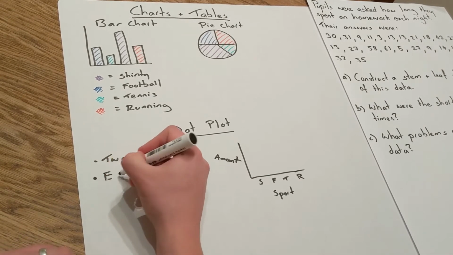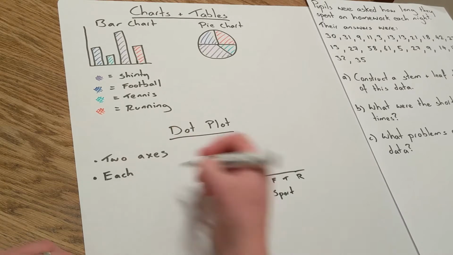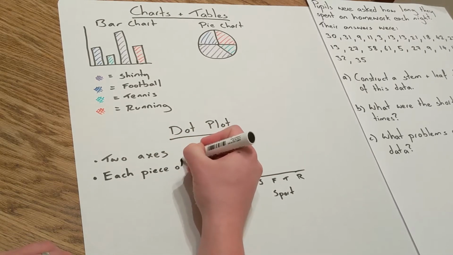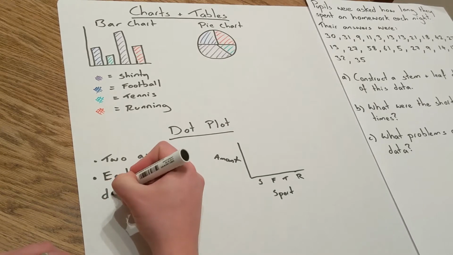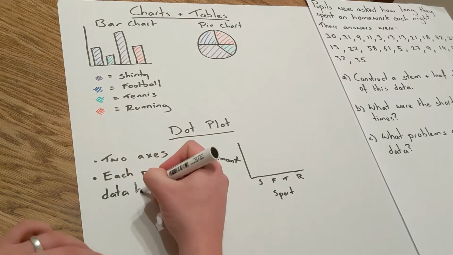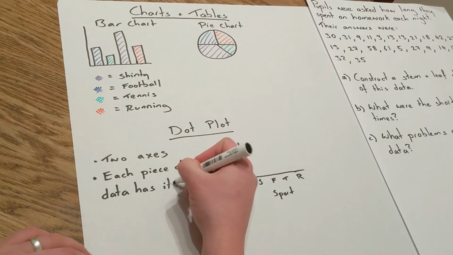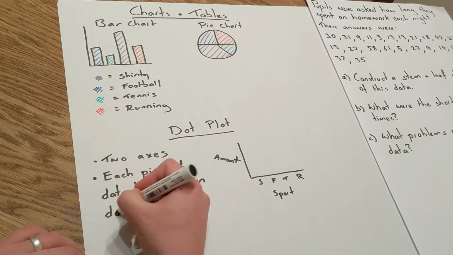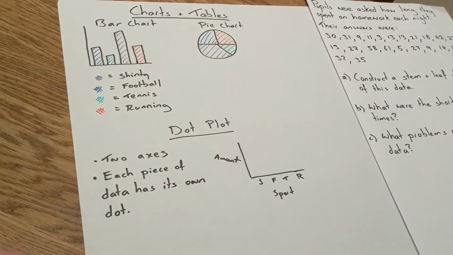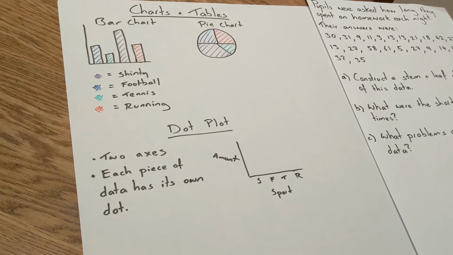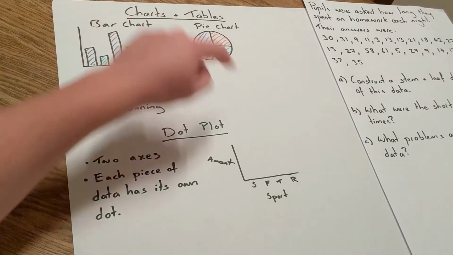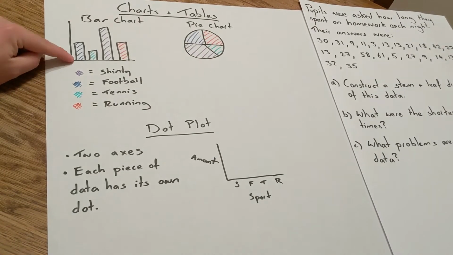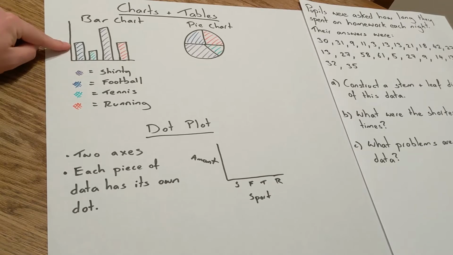And then the next thing you have in a dot plot is each piece of data has its own dot. So we didn't use any numbers up here because we're just using them for examples of the types of chart, but let's say that this was 4 for football.